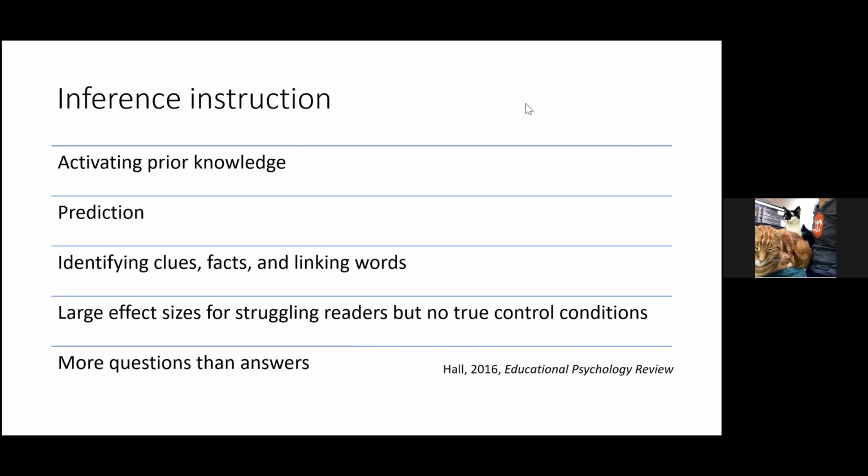In this synthesis, she found mostly studies conducted in the 80s and 90s, and found the things that all of you wonderful teachers I know do in your classroom already: activating prior knowledge, having students predict what they anticipate will occur in the story given certain pieces of information, and helping them identify key clues, facts, and linking words in the text.